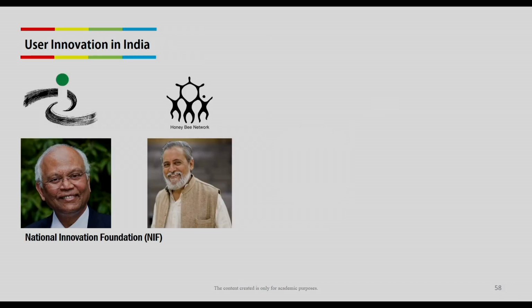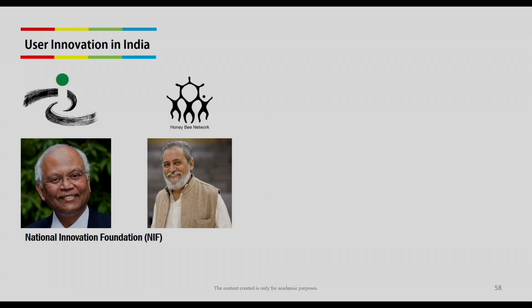So, now we will see how user innovation is happening in India. The Department of Science and Technology, DST, India helped establish the National Innovation Foundation in 2000 with the main goal of providing institutional support in scouting, spawning, sustaining and scaling up grassroots innovations.